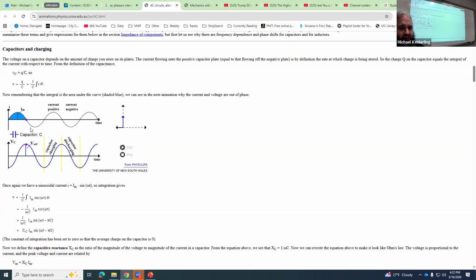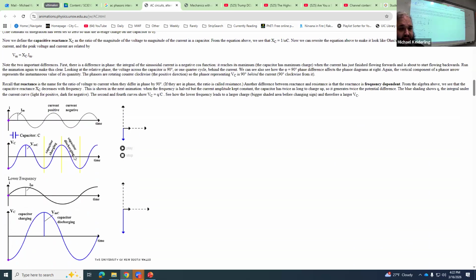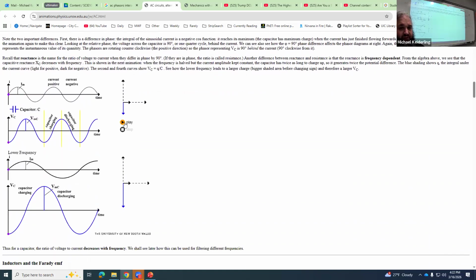So again, the current peaks before the voltage peaks, and the voltage lags behind. And you can see at two different frequencies. This is at the higher frequency and a lower frequency. There's still the lag, but you can see how there's a bigger voltage at the lower frequency.